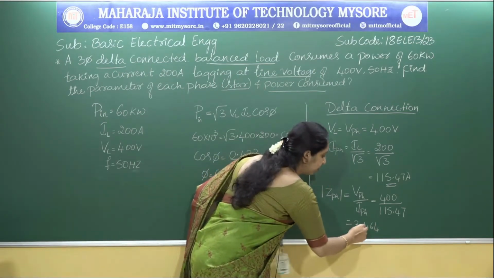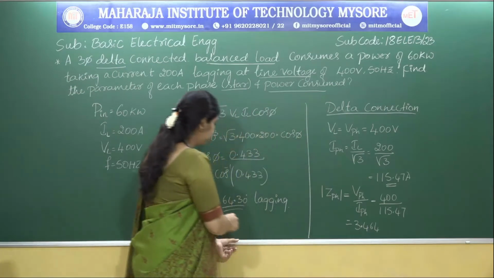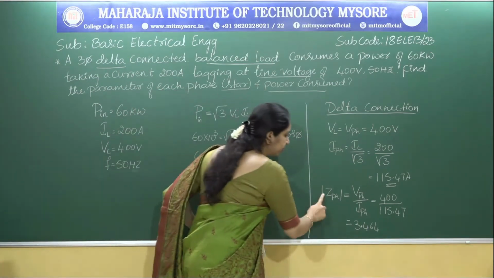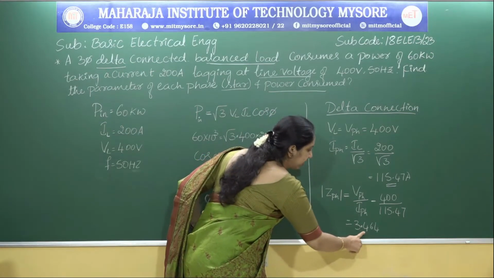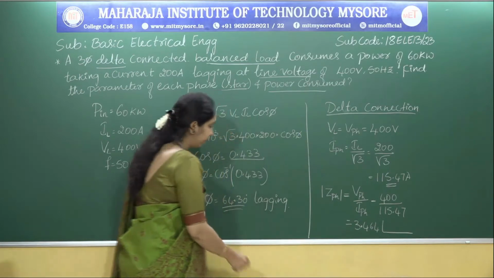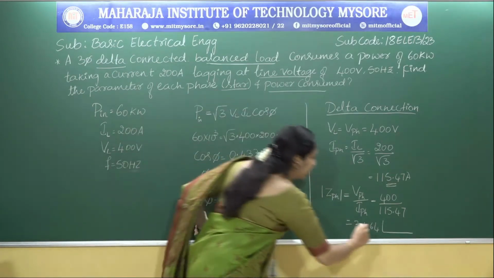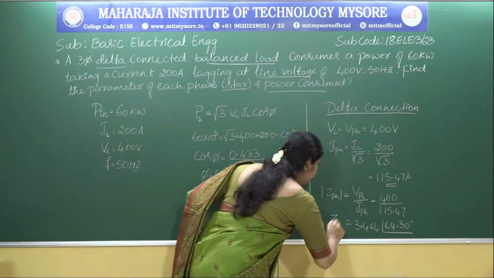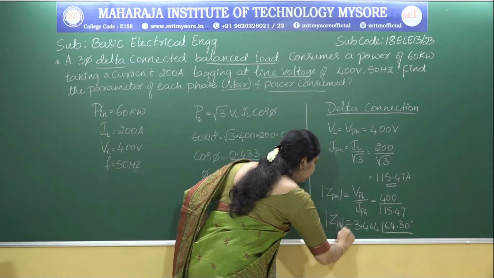Remember, since we have calculated the value of phi here, we need to express this ZPH as a magnitude at an angle of 64.34 degrees.